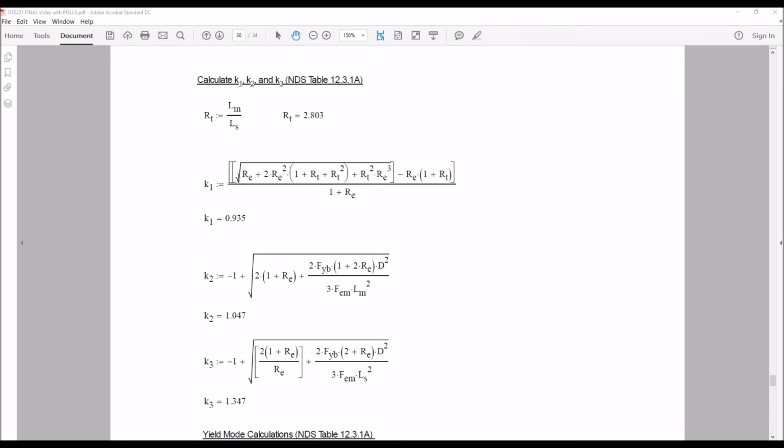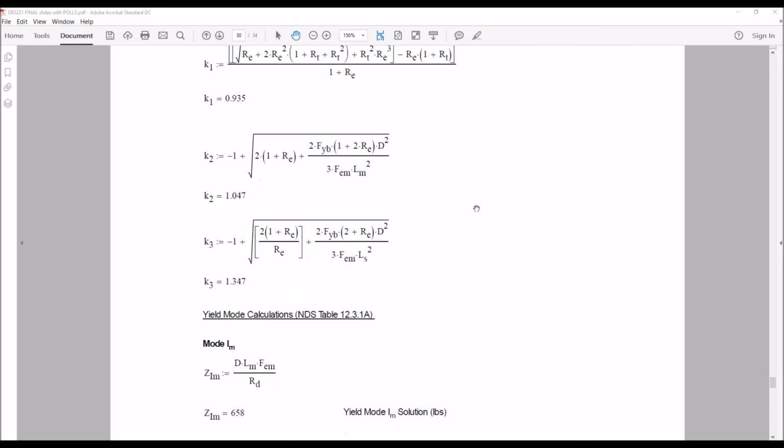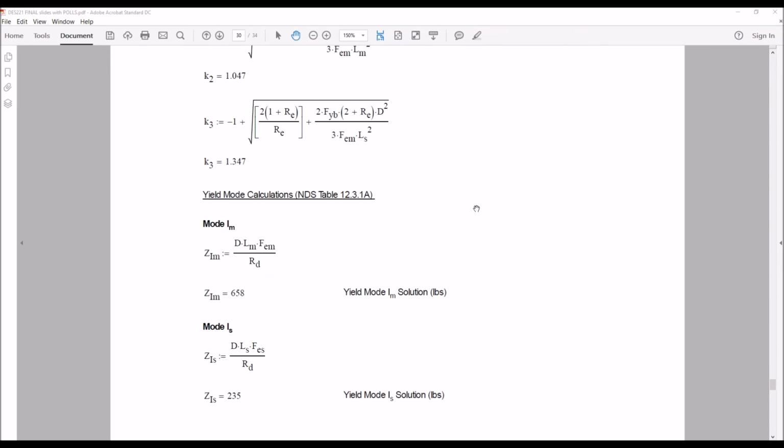So the inputs again are based on that R sub E value that we calculated based on the ratio of our dowel bearing strengths. For us, it was just equal to 1 because they were the same. And then we have our R sub T value, which is based on the ratio of the main member and side member lengths, those bearing lengths. So you can see these calculations. I won't bore you with the specifics on that.